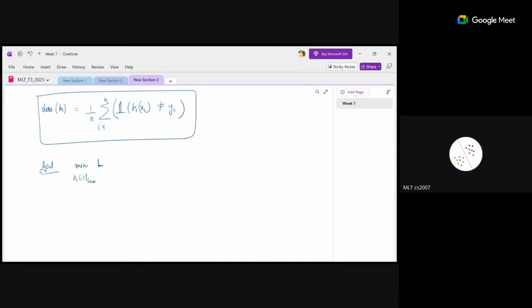How do you define this h linear? My h linear would be the set of all classifiers h_w such that it takes the value sign of w transpose x. Remember, earlier you were looking at w transpose x, but now here we want to see the sign of w transpose x. And that is how we are defining h_w.